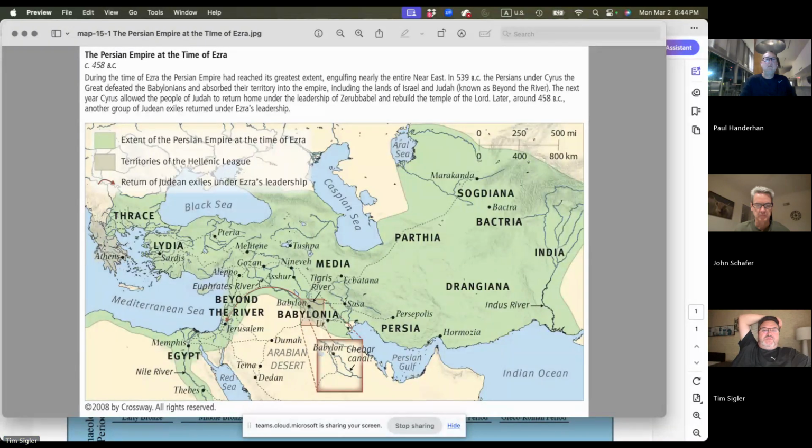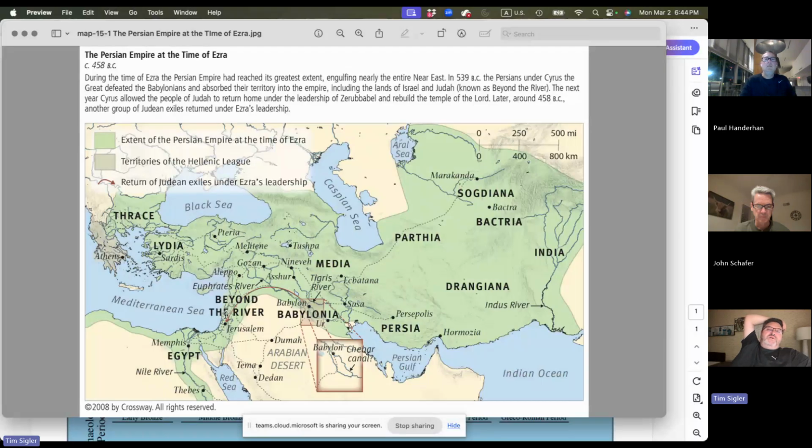I'll trace it with my cursor here. That's kind of like the same path from close to Ur of the Chaldees here, and then where Abram would have went long ago, go west and into the promised land.